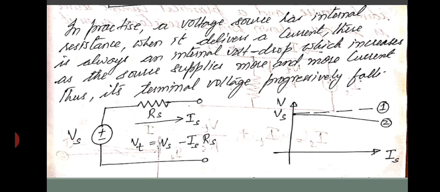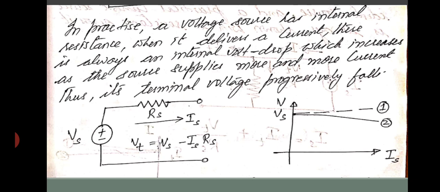But in practice, a voltage source has internal resistance. When it delivers a current, there is always an internal voltage drop which increases as the source supplies more and more current. So, obviously, its terminal voltage progressively falls. You can see an internal resistance which is connected in series with respect to the source voltage, and you can see the total terminal voltage V suffix small t equals the supply voltage minus the total drop.